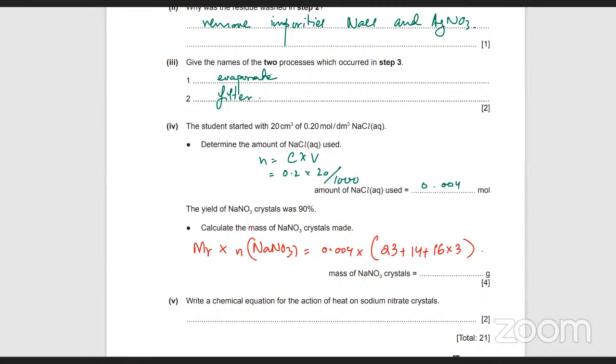कौन सी कितनी mass आई है? Just 1 minute, sir. 0.34 grams. कितना है 0.34? 34.